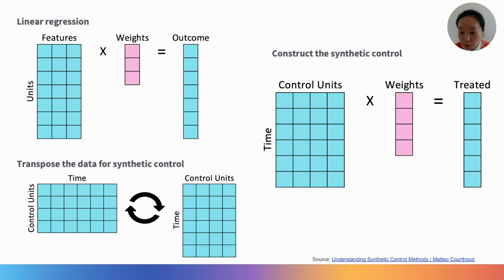So deriving the optimized weights here, or calibrating these weights here, is the key to construct the synthetic control group.